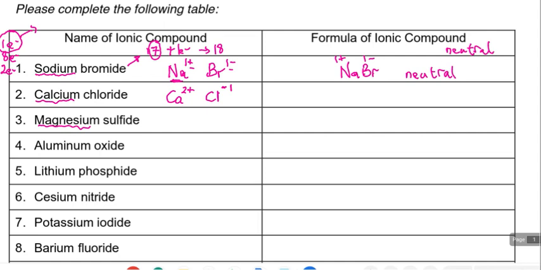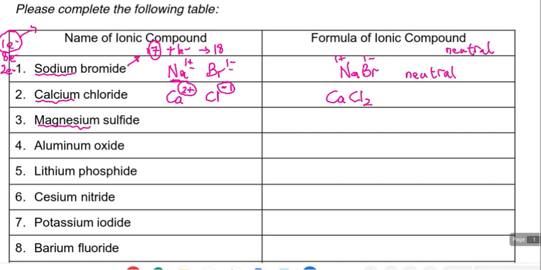Now we'll notice that the charges here don't balance. I've got a +2 charge with my calcium, a -1 charge with my chlorine. I need to have these two things cancel each other out. And if I've got a 2 positive charge with my calcium, I'm going to need 2 Cl's, and that's what this little subscript means.